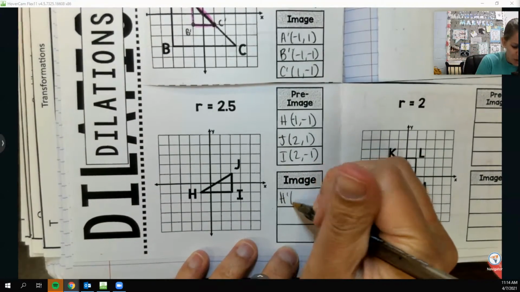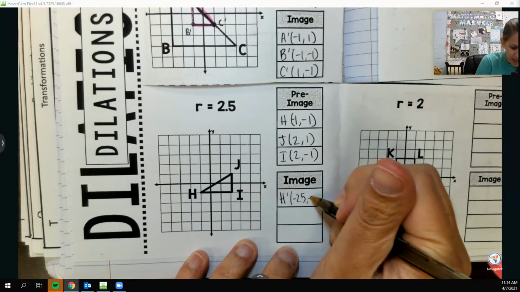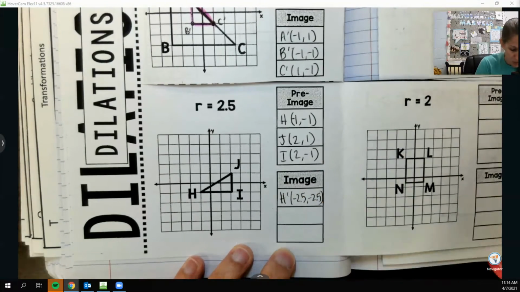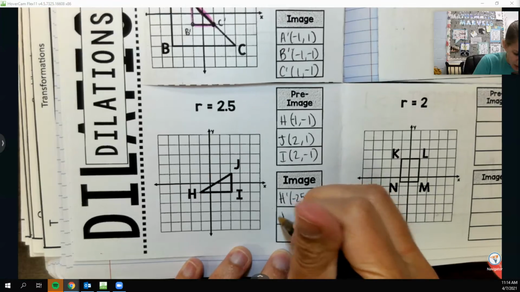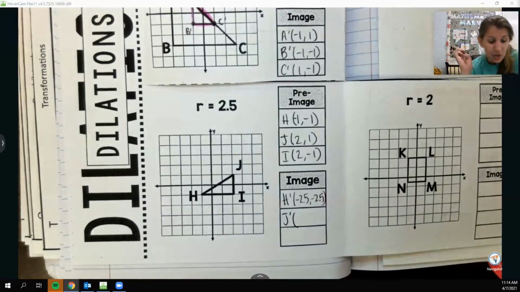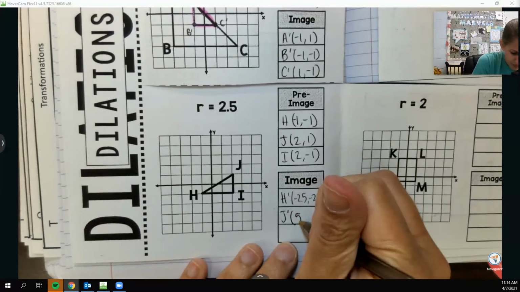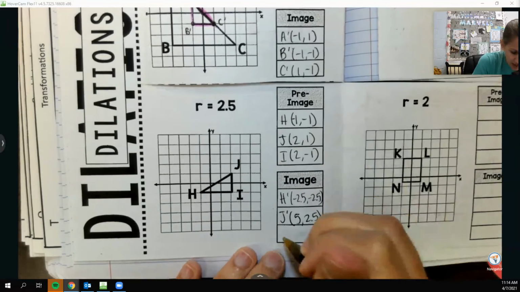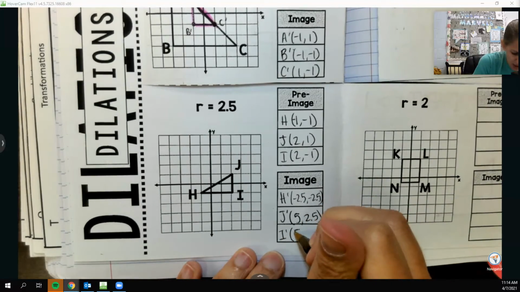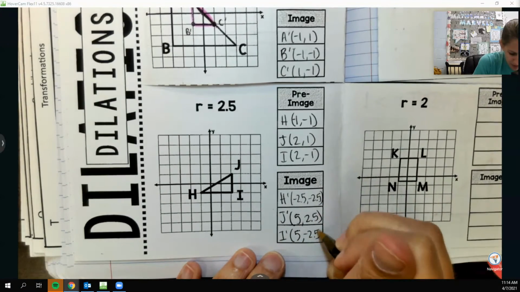So H prime will be at negative 2.5 comma negative 2.5, because we're just multiplying by 1. J prime, 2.5 times 2, oh my gosh, if I double it, that's just 5. That's 5, duh. And then 2.5. And then I prime is 5 comma negative 2.5.